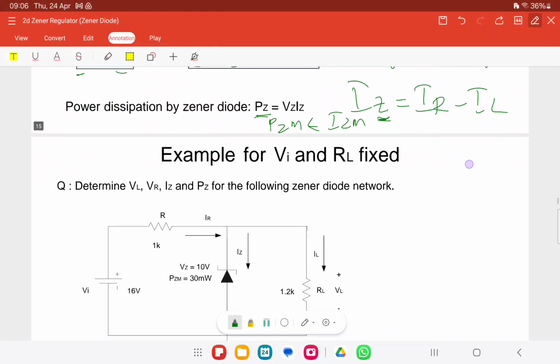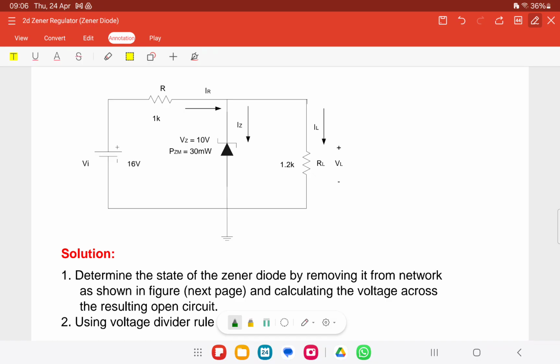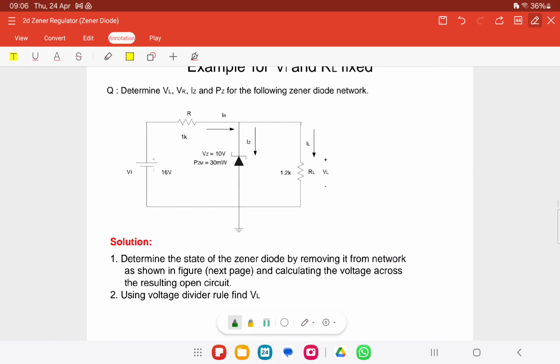Okay, so we have one example here. First thing is we need to determine whether the diode is on or off.